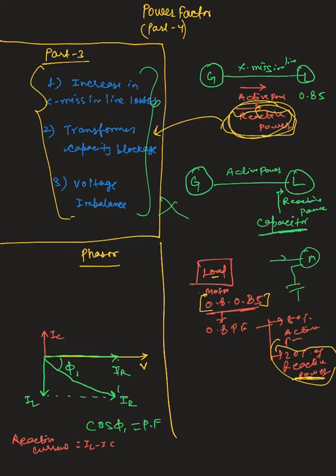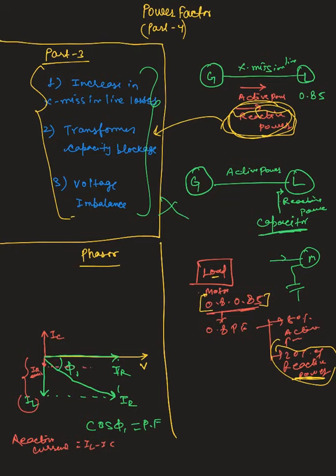IC is a little less than IL because we have not completely fixed the reactive power requirement. We are asking slight reactive power from the grid, and most of the reactive power we are supplying from this capacitor. So let's say this is the I reactive now. Before it was this. Now because of this capacitor it has reduced to this.